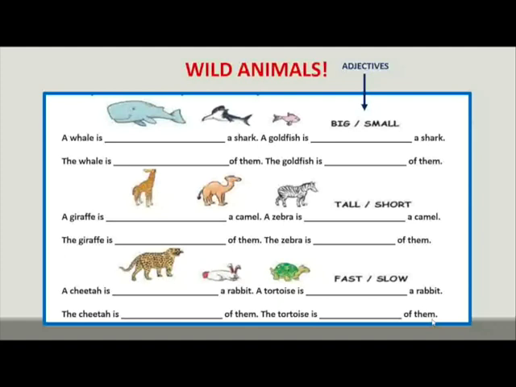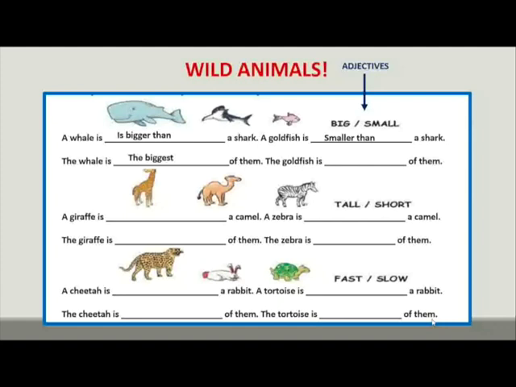Let's do an example. A whale is bigger than a shark. A goldfish is smaller than a shark. The whale is the biggest of them.